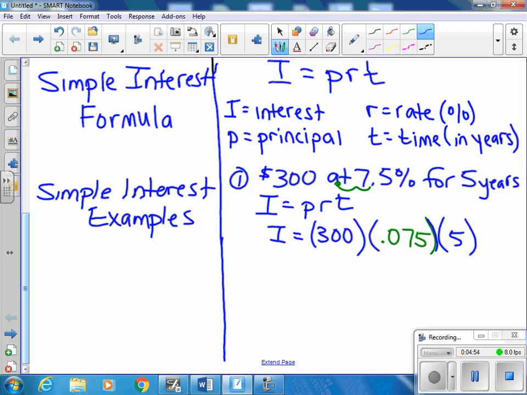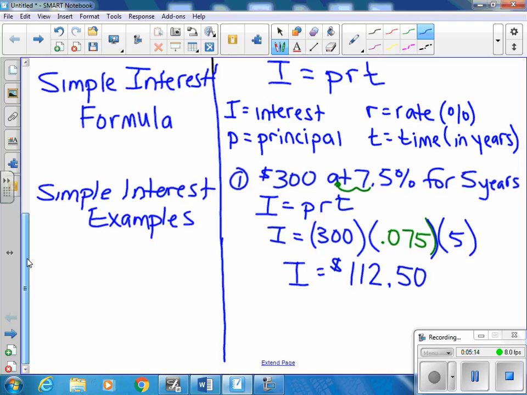You'll notice that this is all multiplication. So it doesn't matter what order you multiply them in, but just go ahead and type them in your calculator. 300 times 0.075 times 5. And because it's money, you want to make it look like money, so you need the dollar sign. And it comes rounding off to $112.50. So if you are investing $300 for that rate for that amount of time, then the interest you are earning off of that money is $112.50.